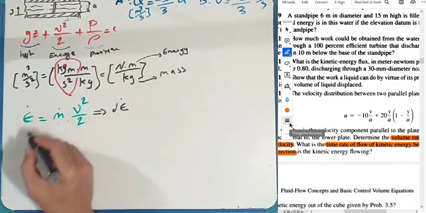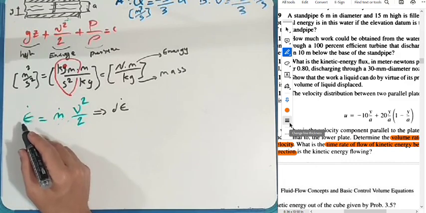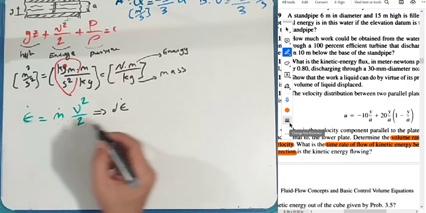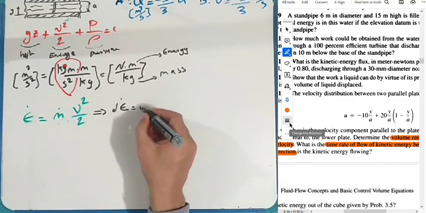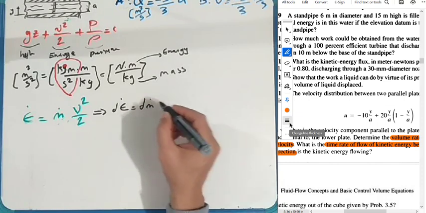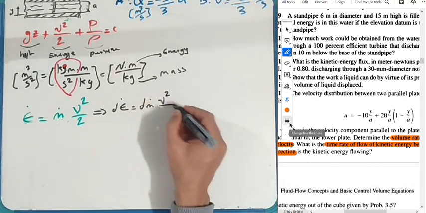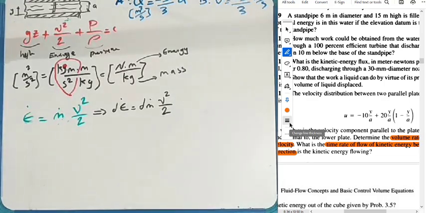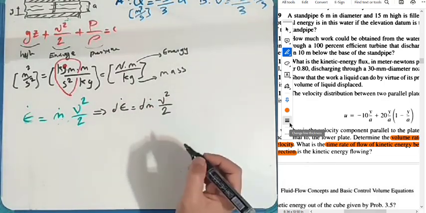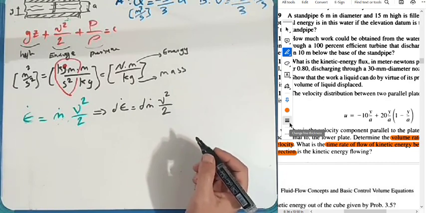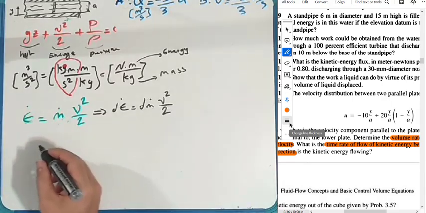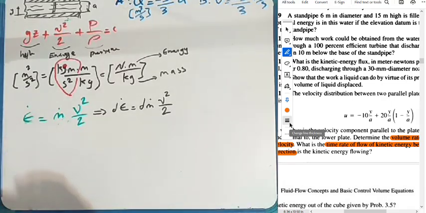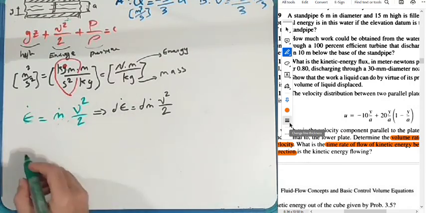Because I don't know the value of that, I would write it in this form, equals differential of m dot multiplied by nu square over 2. And on another hand I have to open m dot.